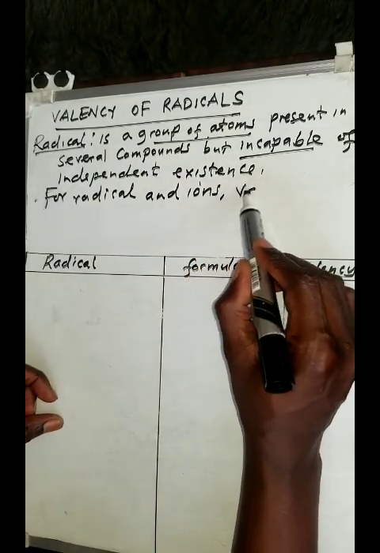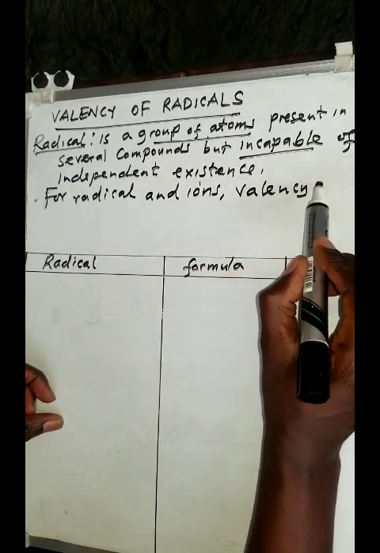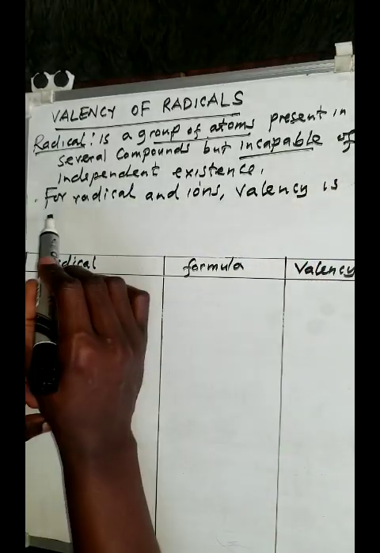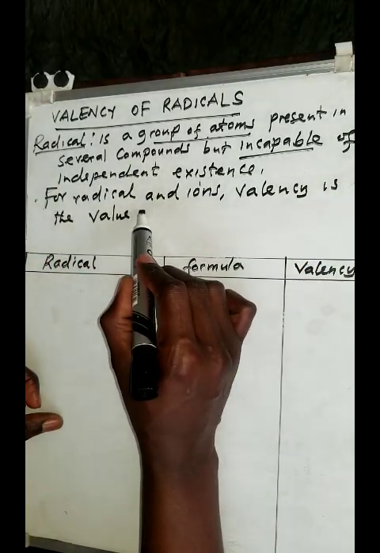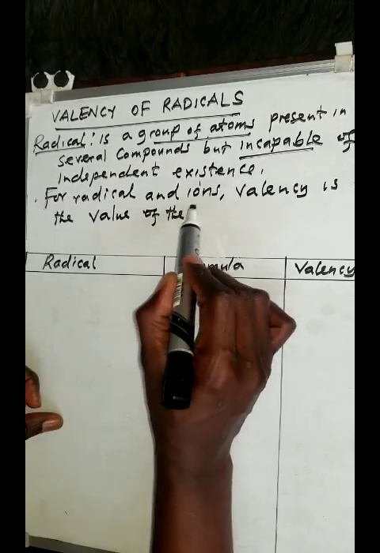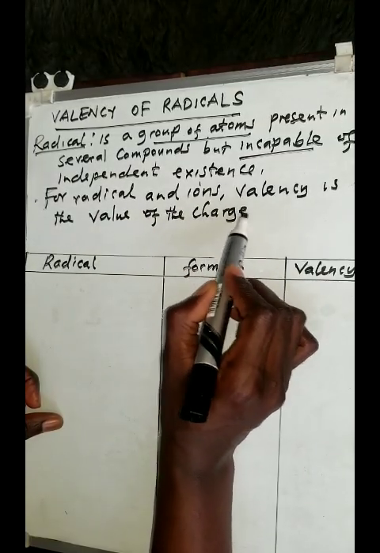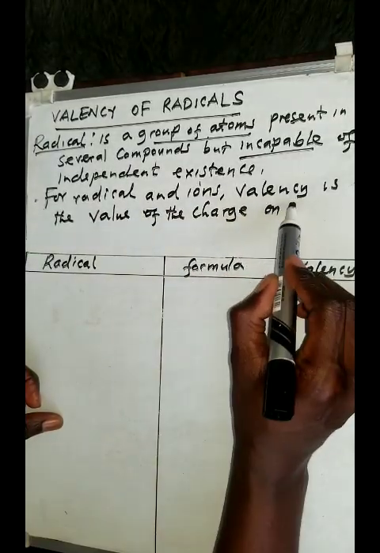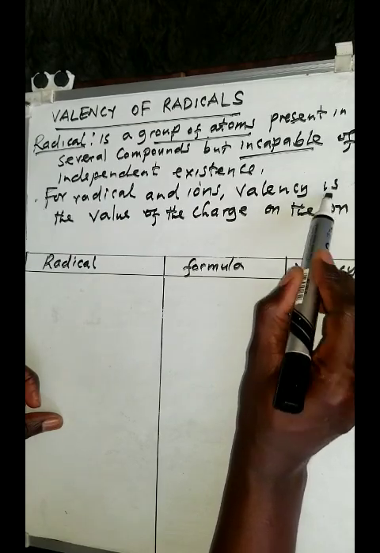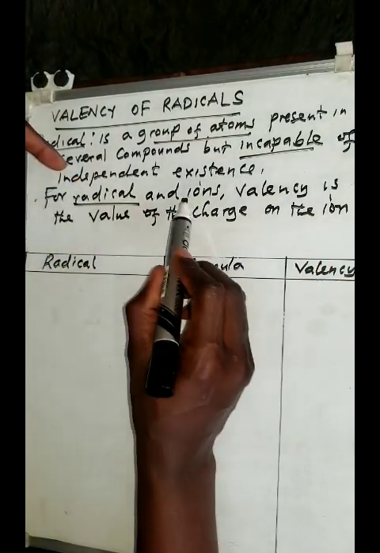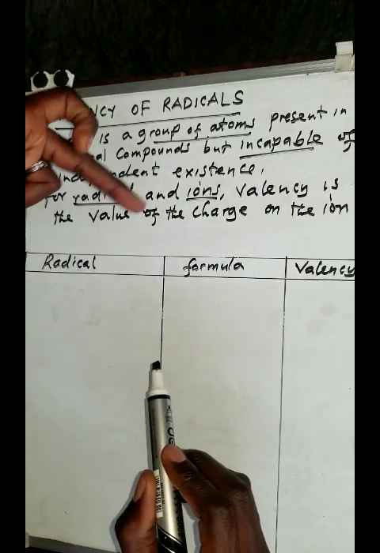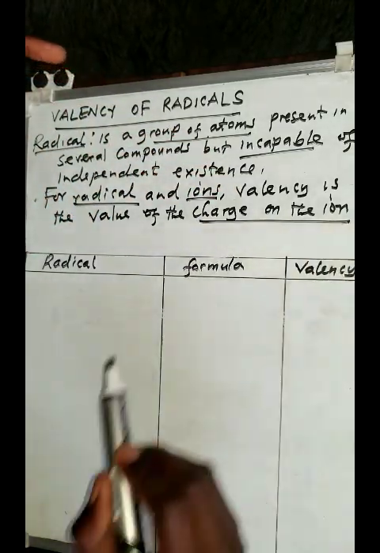So you consider the valency to be the value of the charge on the ion. For those radicals and ions, the valence is simply the value of the charge on the ion.